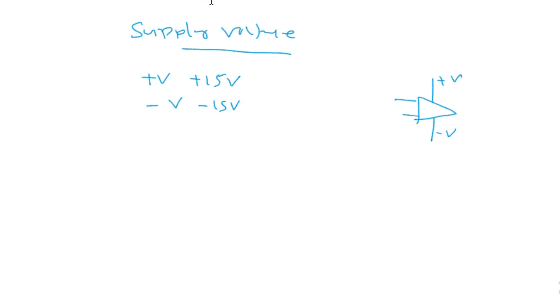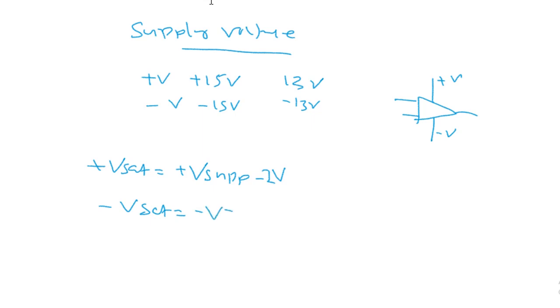Now suppose this plus voltage is 13 volt, then here we will give minus 13 volt and so on. Then the plus V saturation will be equal to plus V supply minus 2 volt, and minus V saturation will be equal to minus V supply plus 2 volt.